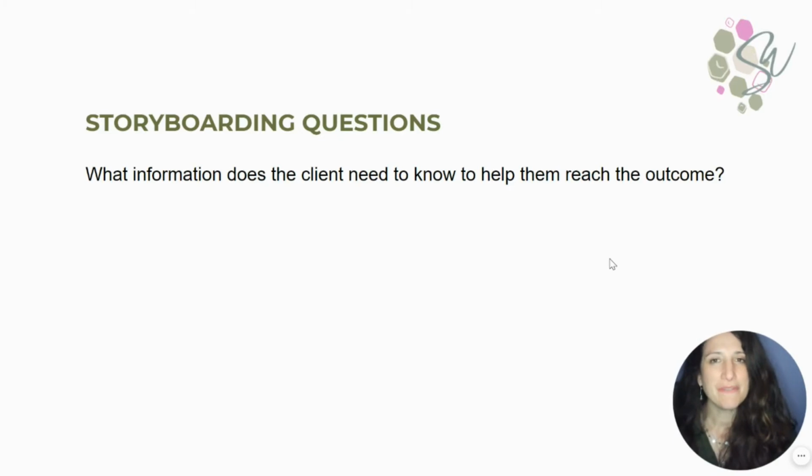If you've watched the other videos on our YouTube channel, you would see that we discuss creating learning outcomes, creating course goals, making sure that we write out the competencies that the clients will be able to achieve. This is all part of your course plan. And now we're planning what we're actually going to put in our video content to help the clients achieve those competencies that we wrote out.